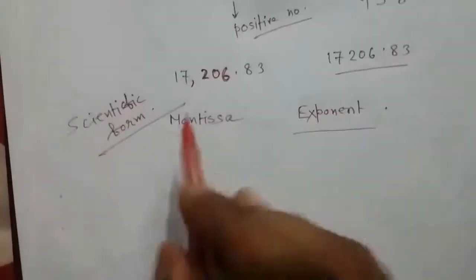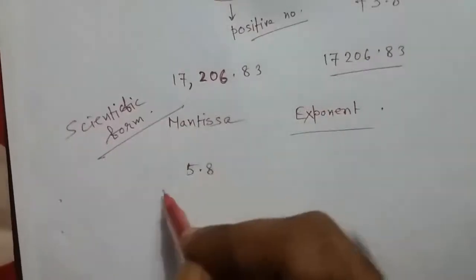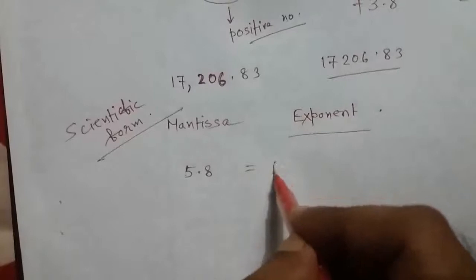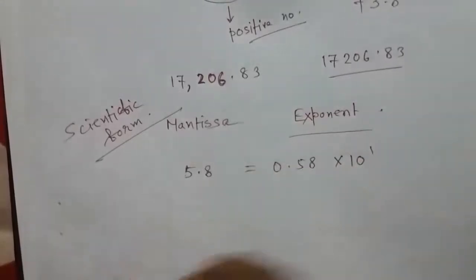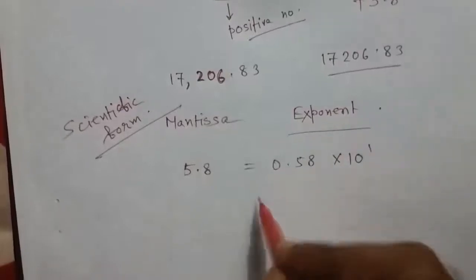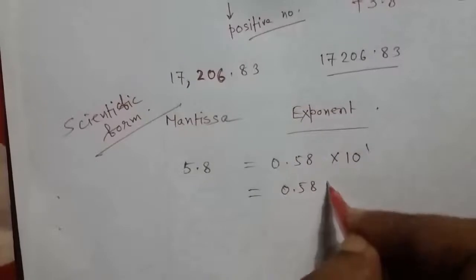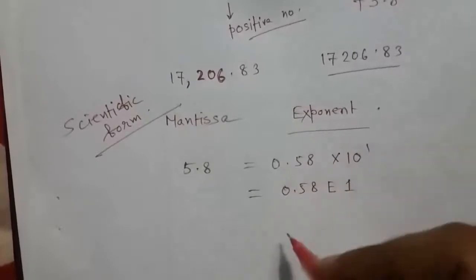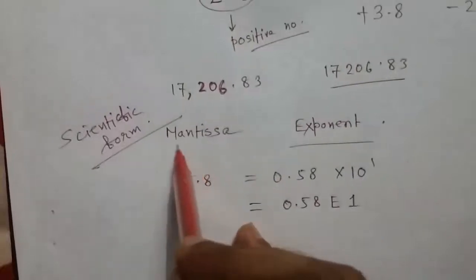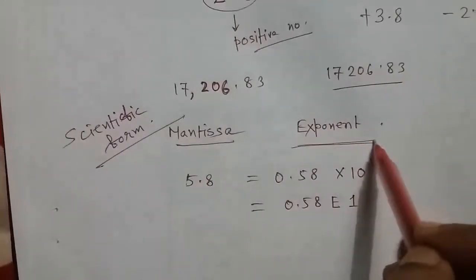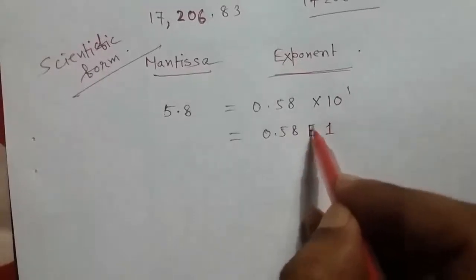Suppose we take one real literal in standard form, 5.8. It can be represented as 0.58 into 10 to the power 1. That means it can also be represented as 0.58 e 1. Now, which part is known as mantissa and which part is exponent here?